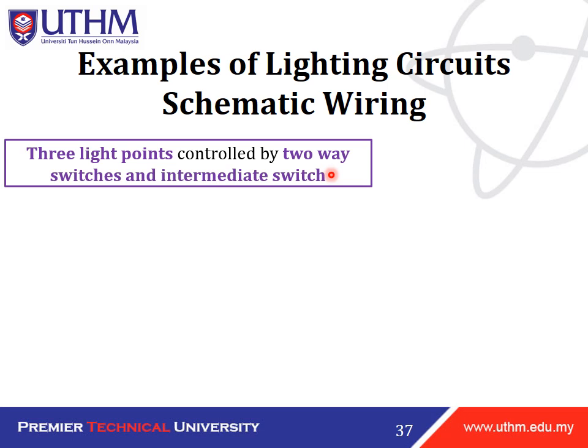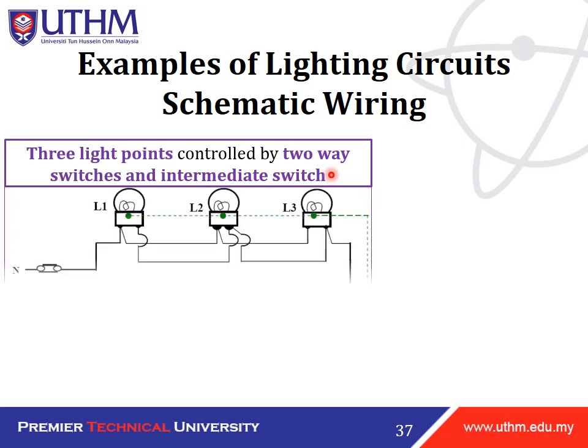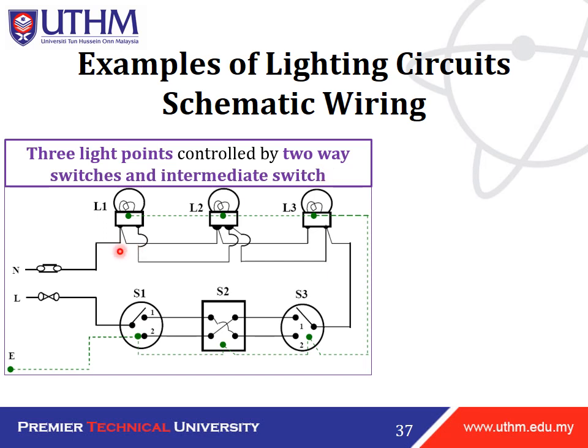Okay, we also have three light points controlled by two-way switches and an intermediate switch. So we have three light points here, we have two-way switches, and in the middle we have the intermediate switch.